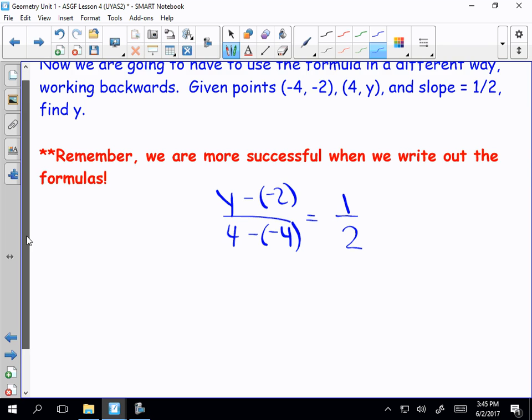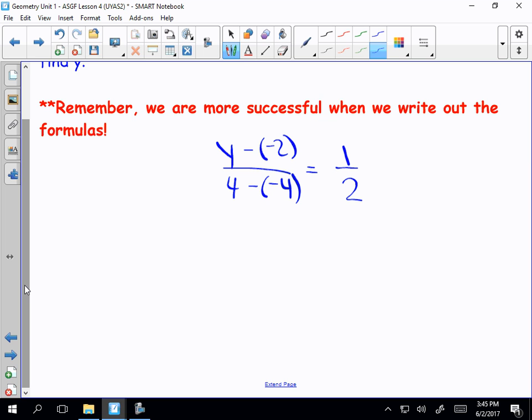Now, just like we looked at in the midpoint formula video, one thing we're always trying to do is have equal proportions, equal fractions, because that makes our life a little bit easier.